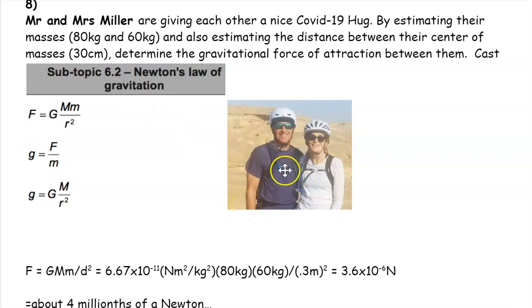Notice that means that there's no way for D to be zero, because if it's at the center of mass for me and at the center of mass for Nan, then even if we hug as hard as we can, the center from me to the center from her is still going to be a few centimeters. And so you can't think of R going to zero and F getting really big, because there's always going to be some real distance between the two centers of mass since they're taken as point masses.